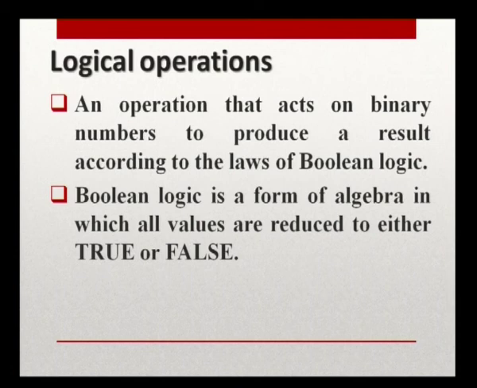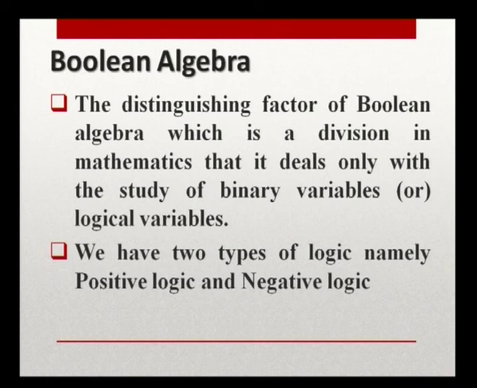So the output of a logical expression is only 2, either true or false. That will be the output of a logical expression. Let's see what does that mean further. In Boolean algebra, the distinguishing factor of the algebra, which is a division in mathematics that deals only with the study of binary variables or logical variables.